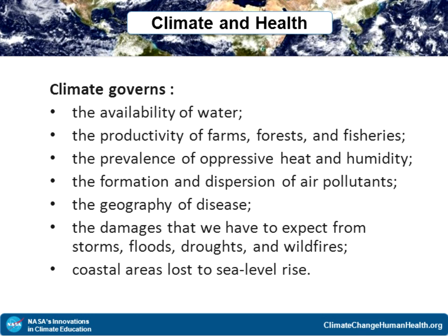When we take a look at climate and health, we're talking about a variety of different things, but climate governs a lot of the human variables that govern our lives. So looking at the availability of water, agricultural productivity, heat and humidity and what that means in terms of respiratory problems, as well as air pollutants.